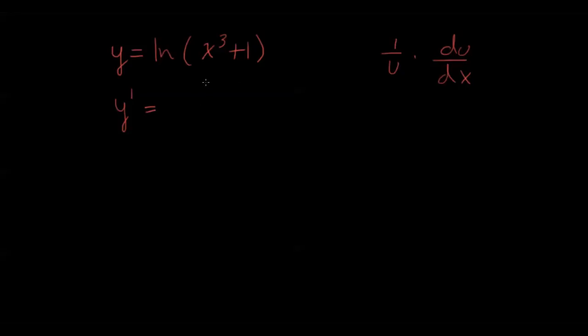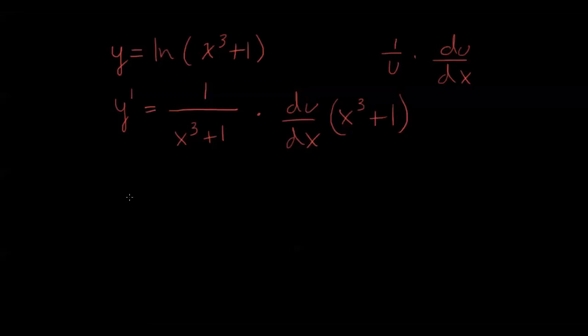So we just take this and write 1 over x cubed plus 1 times du over dx of x cubed plus 1.